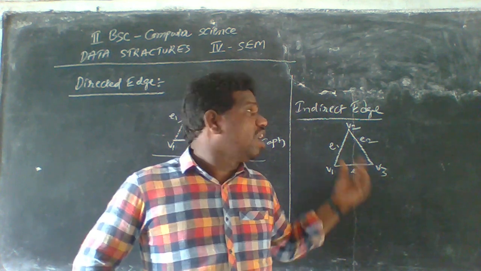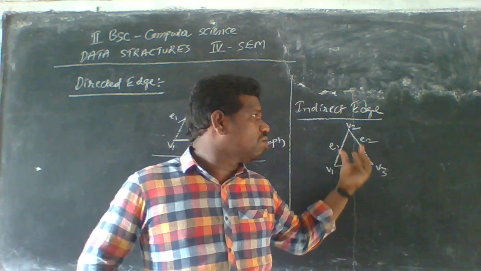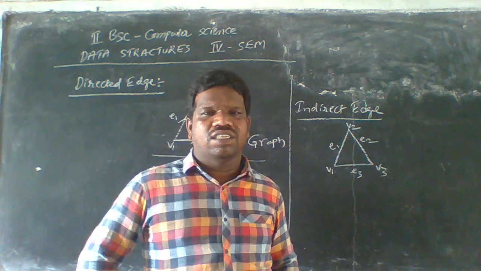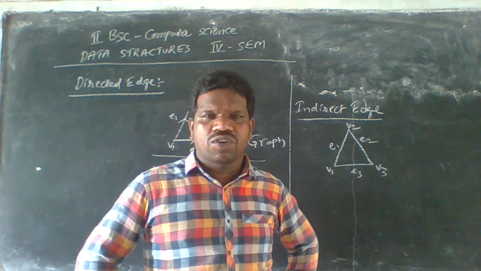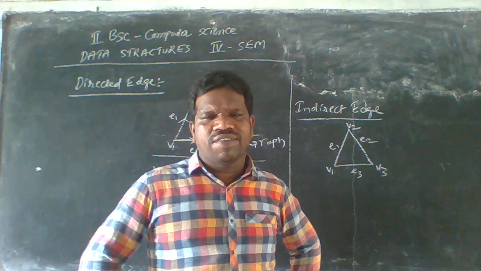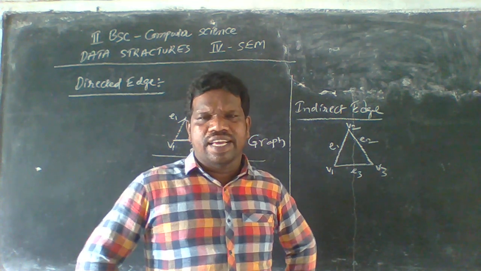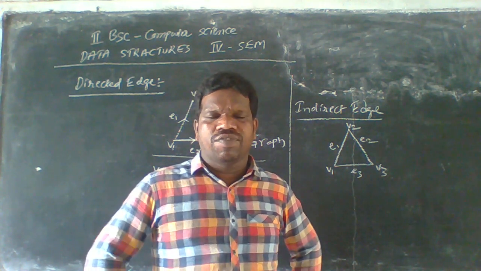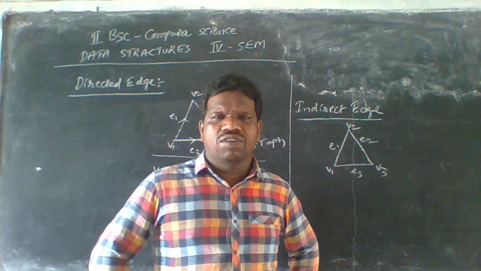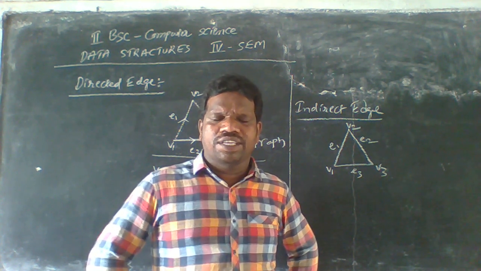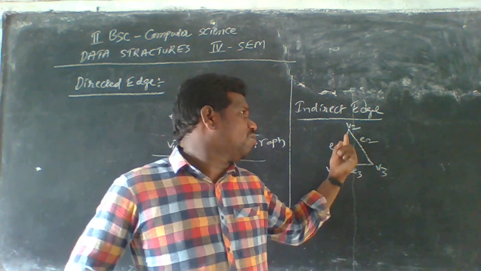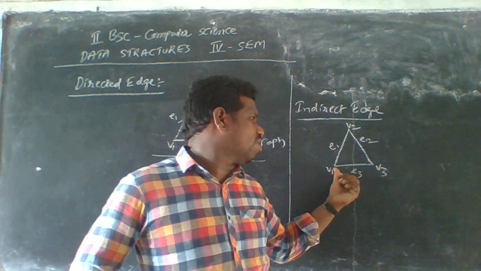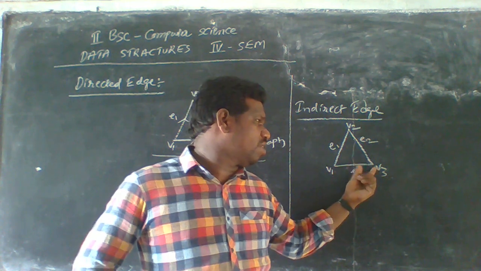Hence the indirect edge should not show directions. That's why we can traverse from one node to another node in any way, meaning we can visit each and every node in the bidirectional format. That is, you can follow from V1 to V2 or V2 to V1, or V1 to V3 or V3 to V1.